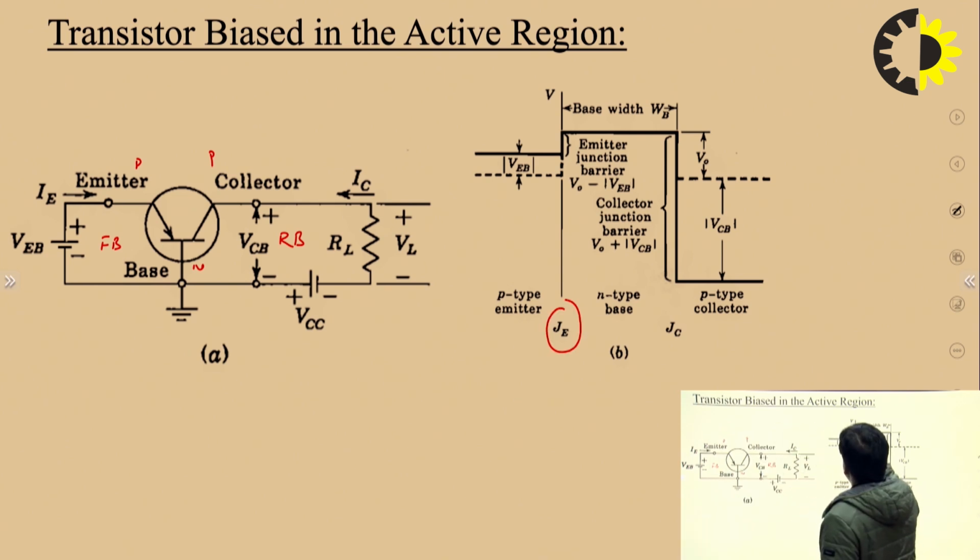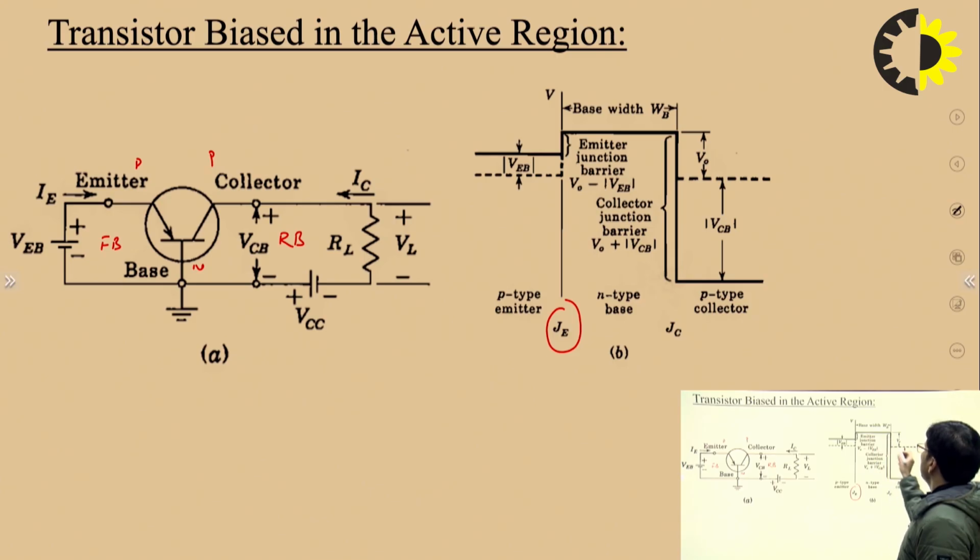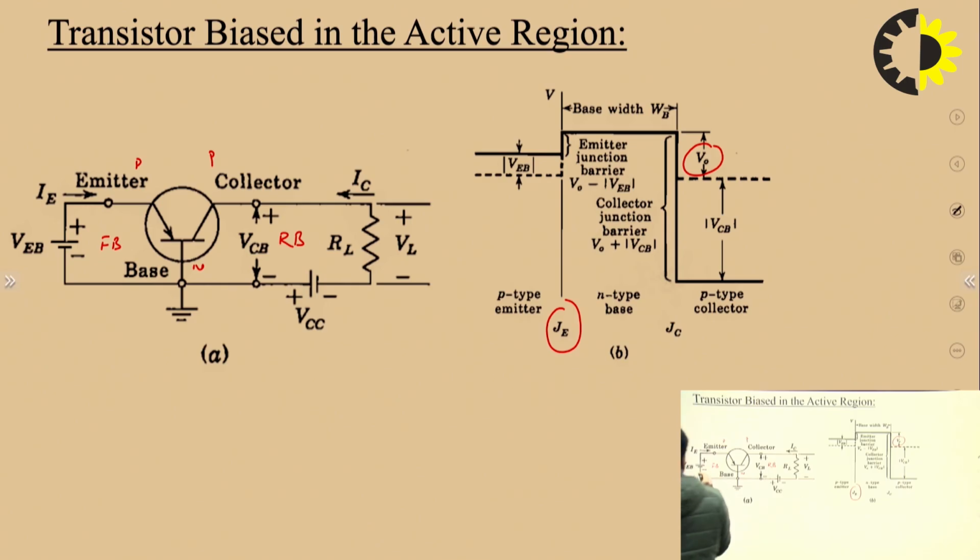Previously, this dotted line is representing the unbiased case, right? The dotted line is representing the unbiased case. In both cases, the contact potential has the same amount, that is represented by V0. So if the emitter base junction is connected in forward bias, then this contact potential or barrier height is reduced by the amount of the forward bias voltage, that is V_EB.